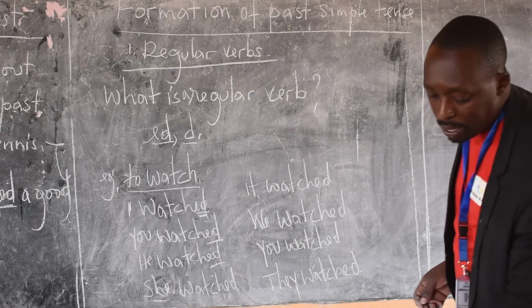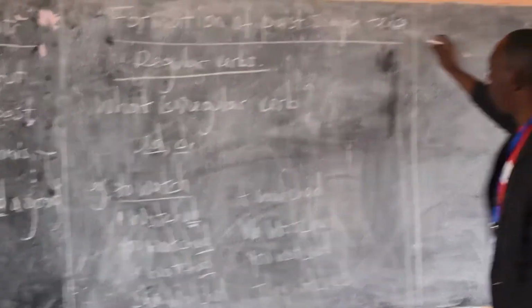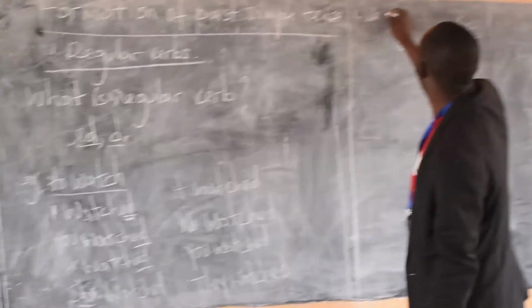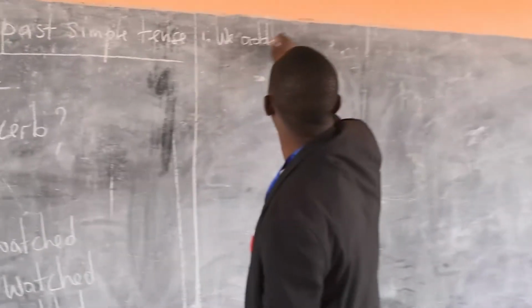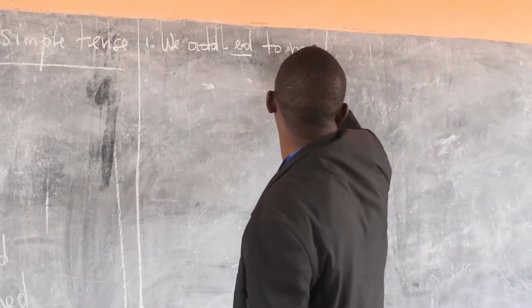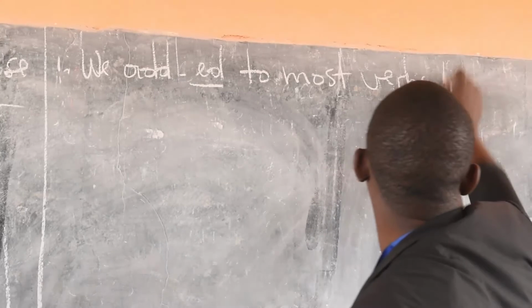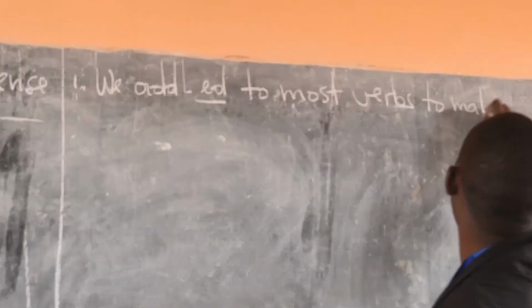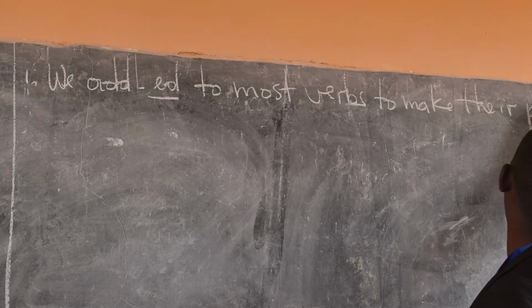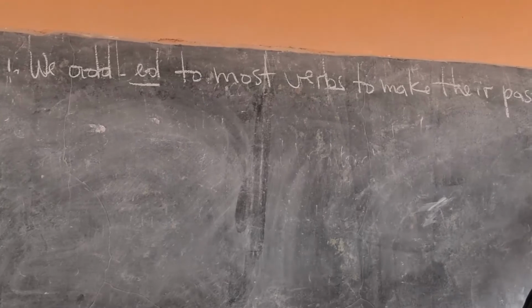So rule number one says, and this is a general rule, we add ed to most verbs to make their past simple tense.